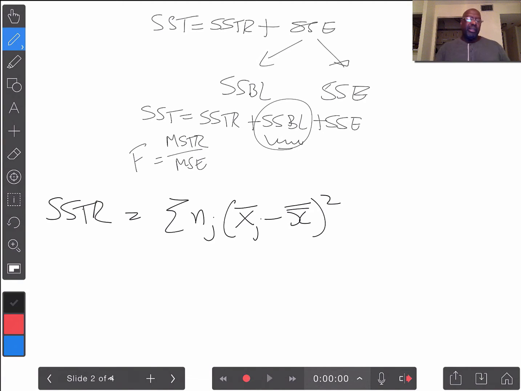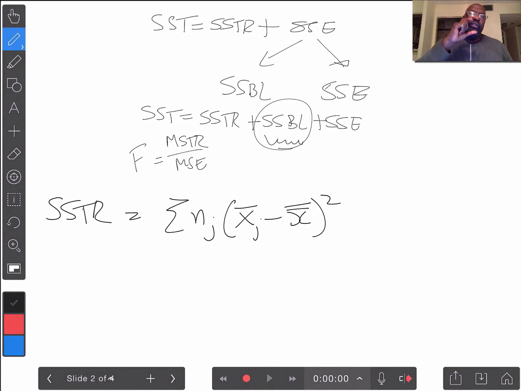Now, interestingly, NJ represents the size of sample J, or treatment J, the sample size for treatment J. But because we're using a randomized block design, each group has exactly the same size, because remember what we're doing is we're using a homogeneous sample that we're repeating an experiment with. So if I have 5 cars, for gasoline A, there'll be 5 cars. For gasoline B, there'll be the same 5 cars. Gasoline C, the same 5 cars.